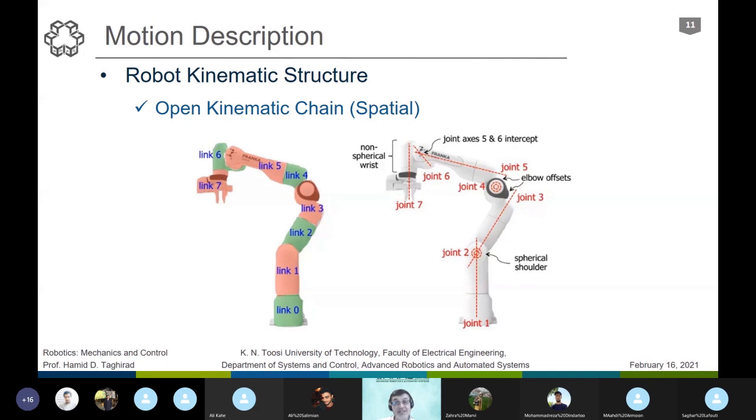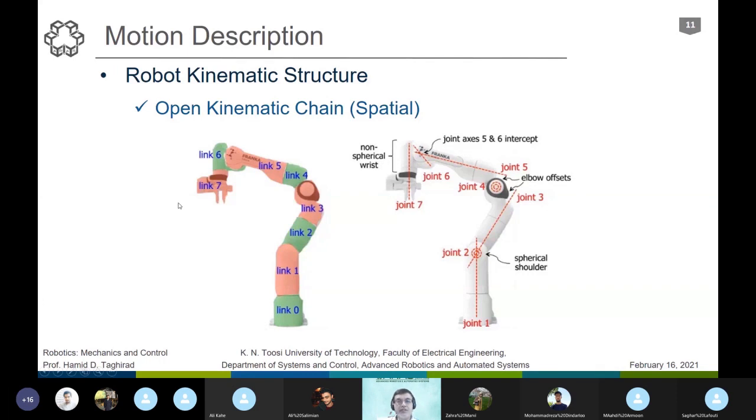One course is this semester, which is more introductory in terms of open kinematic chains, and another course in parallel robots, which is mostly interesting in terms of having some compound structure.